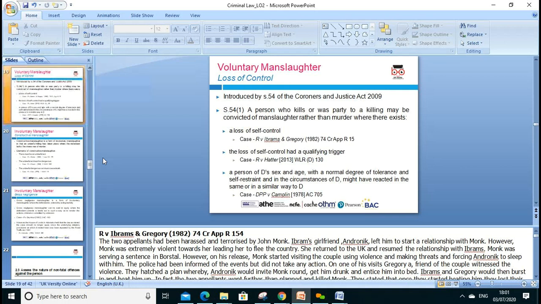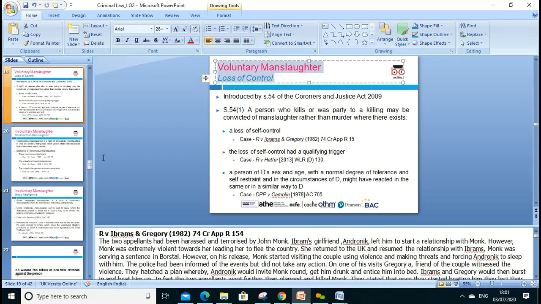Okay, next is loss of control. If somebody loses control and someone is killed, it may be manslaughter, like human emotions. Section 54 to 55 was introduced by the Coroners and Justice Act 2009.